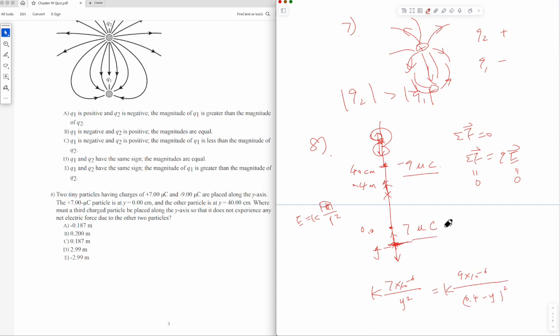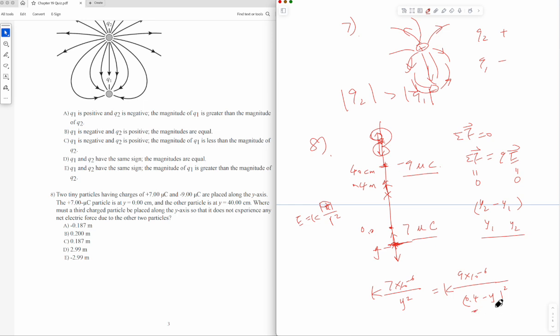The distance between two points, one at y1 and one at y2, is y2 minus y1. That's the distance.